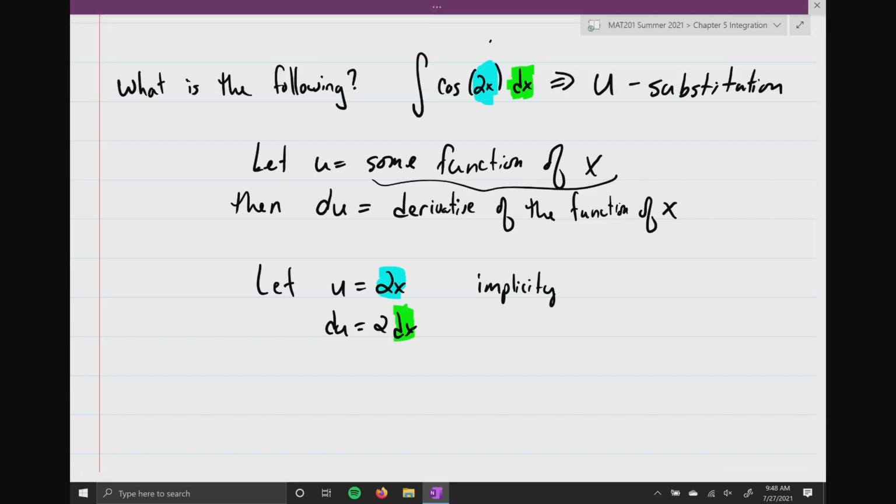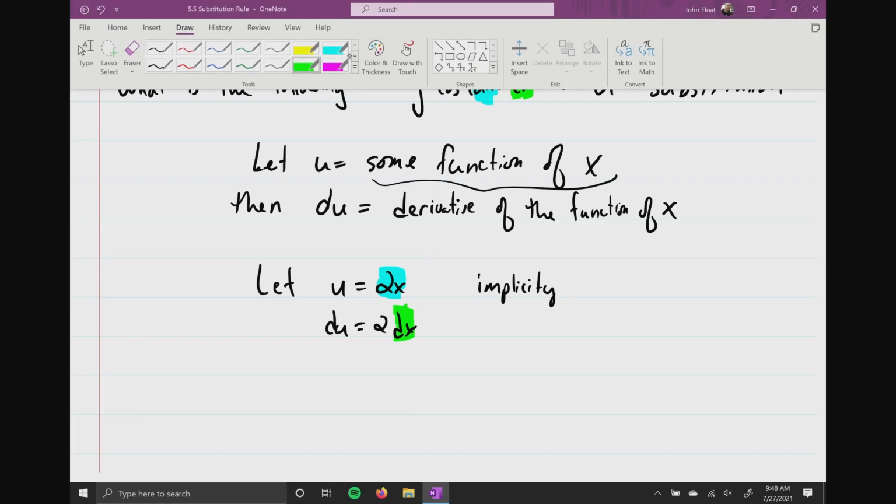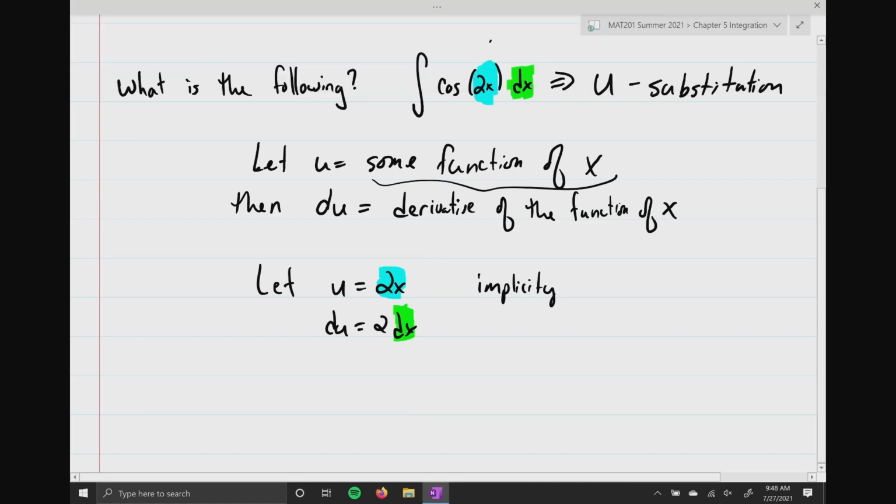However, we also have this coefficient of 2 in front of it. So what I'm going to do is I'm going to divide both sides by 2. And this is going to give me u equals 2x, and then 1/2 du equals dx.